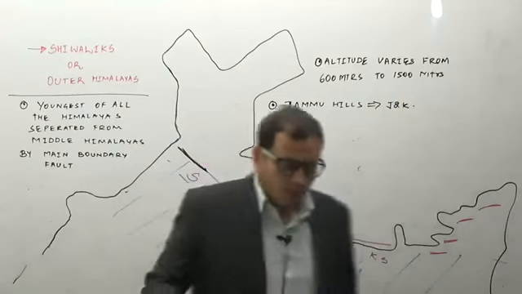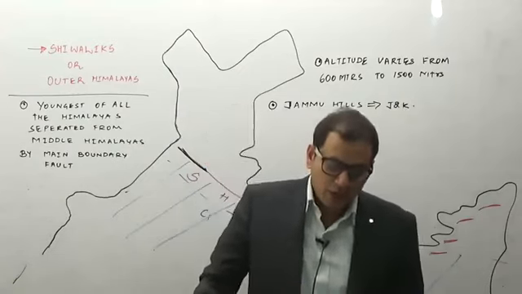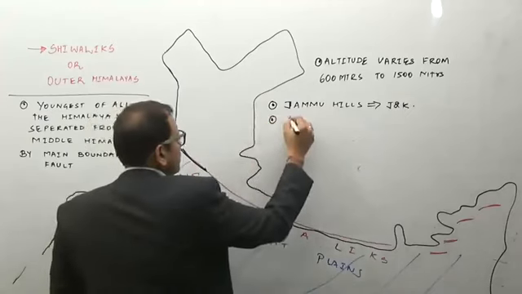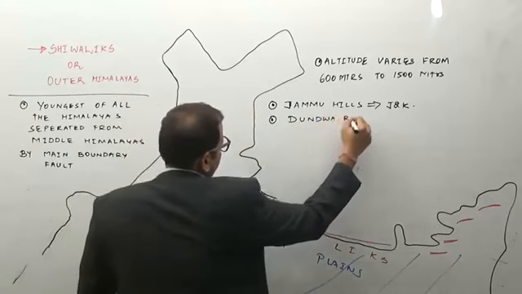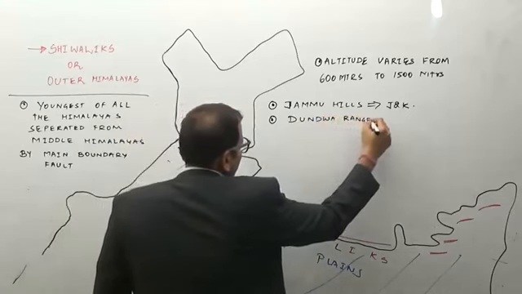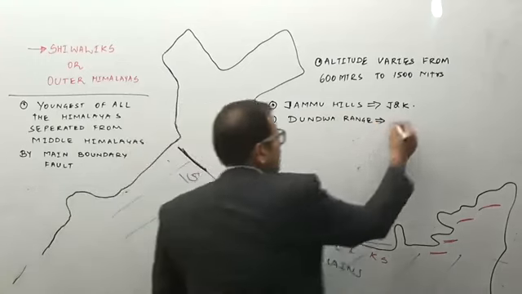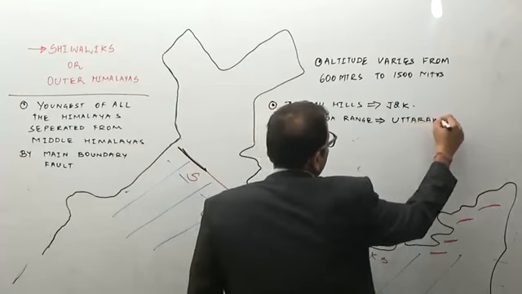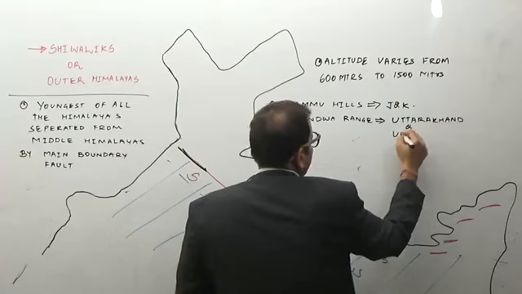In the Uttarakhand region and the UP-Nepal border, they are known as the Dundwa range.